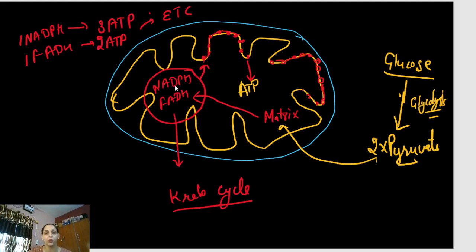So the whole process from glucose to ATP: glucose to pyruvate, glycolysis, pyruvate to NADPH, FADH, then NADH to ATP through the ETC cycle, electron transport chain. The whole process is known as cellular respiration.